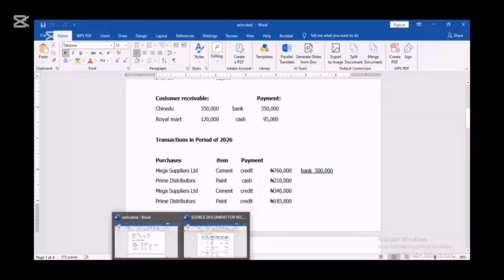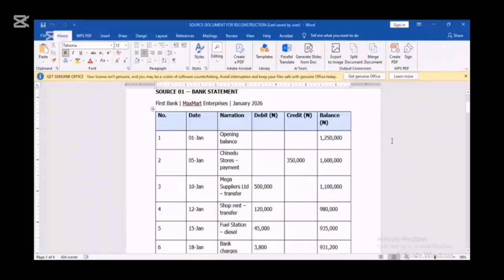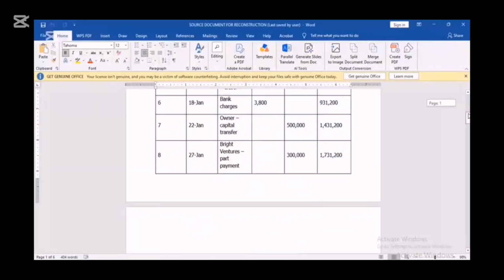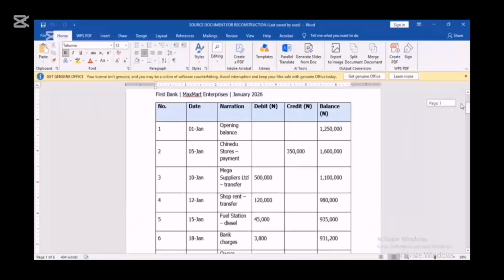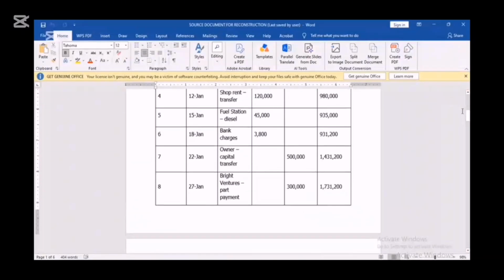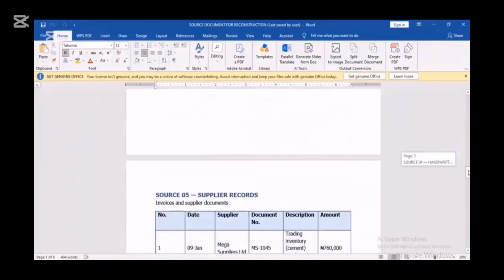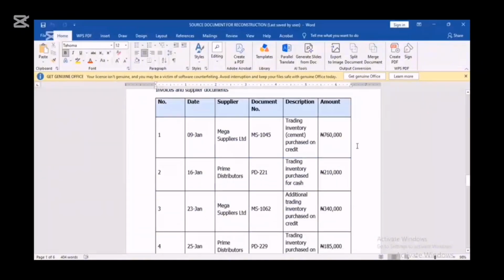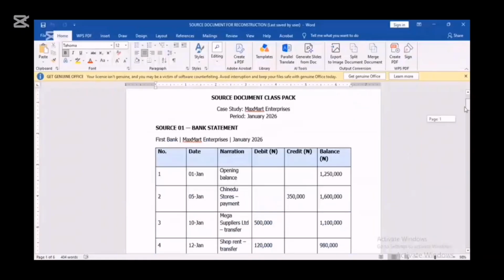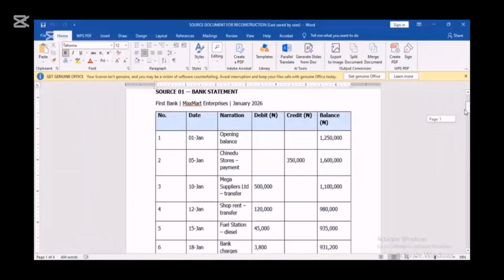These are the transactions for the period. So let's verify from our source documents and see whether what we have there and here correspond. So right up here, our suppliers: you can see Mega Supply supplied items worth 760,000 of cement.